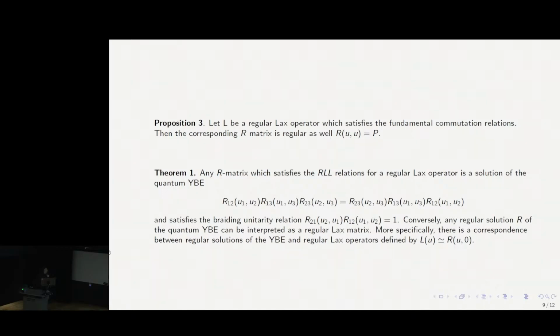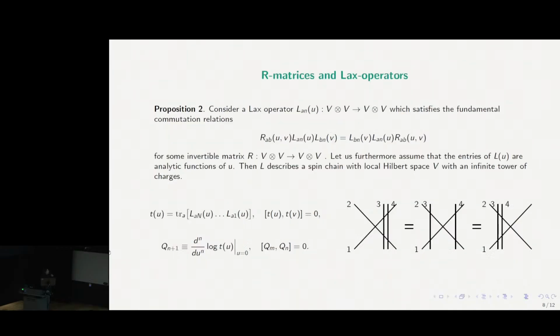And actually, you can even find counterexamples to such a claim. That means you could have a non-regular L matrix and find a regular R matrix that satisfies this, which is weird and unexpected, but that's kind of the headline of non-regular R matrices.